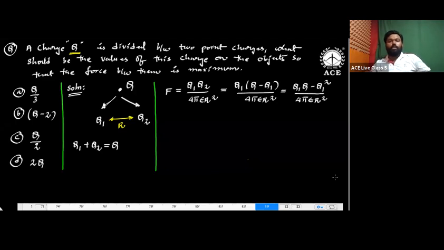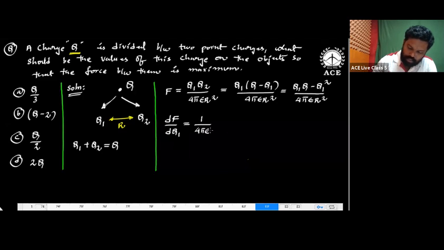Yes, so you need to distribute the charges so that the force between them is maximum. I'll use this technique: find the condition for maxima. I'm going to differentiate this with respect to q1. 1 by 4 pi epsilon r square is a constant, I'm changing only the charge q1. So here it is q minus 2q1. For the maxima, you make that equal to 0.